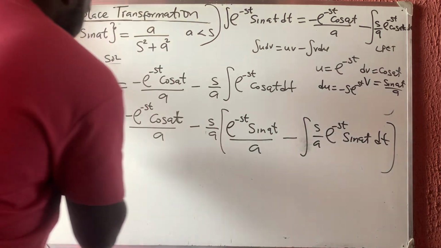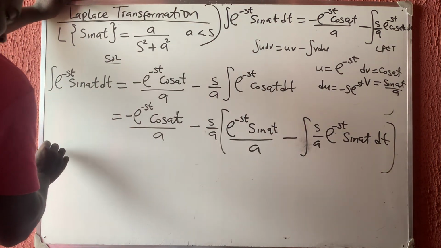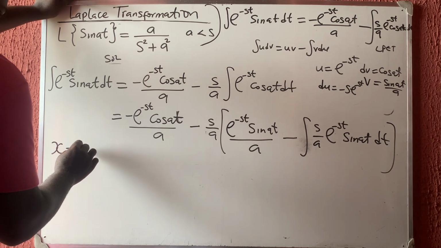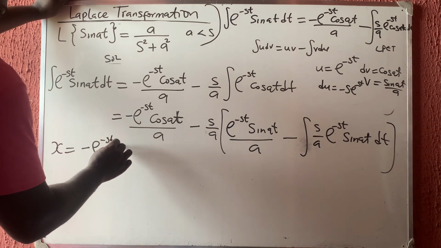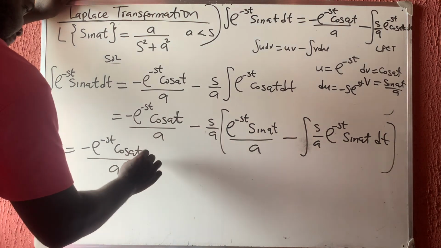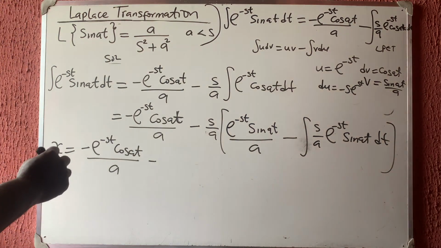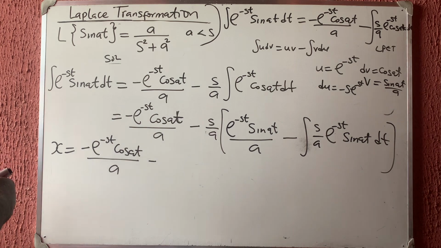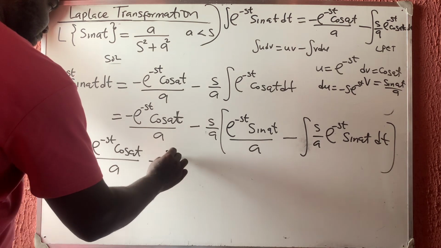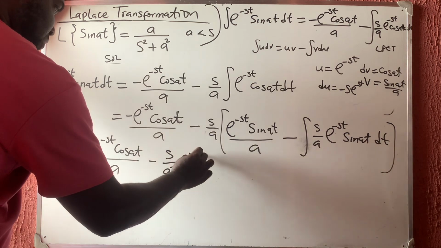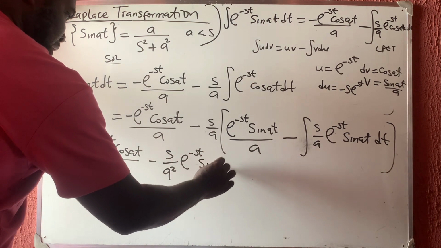So x is equal to minus e raised to power minus st cos at over a, then minus s over a squared e raised to power minus st sine at.